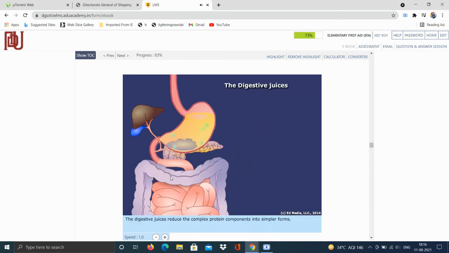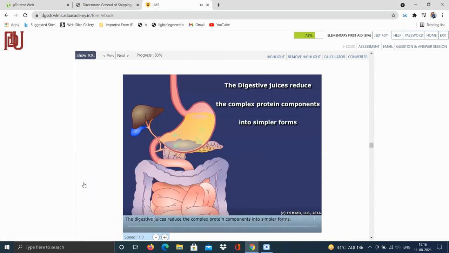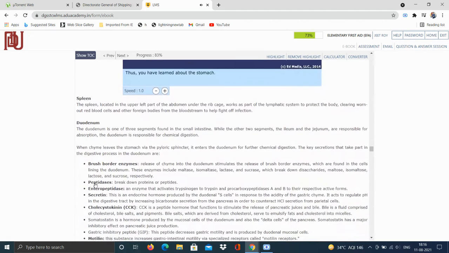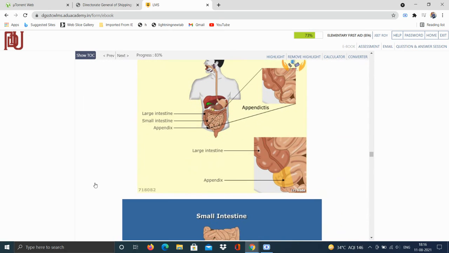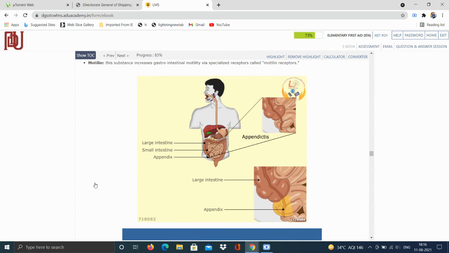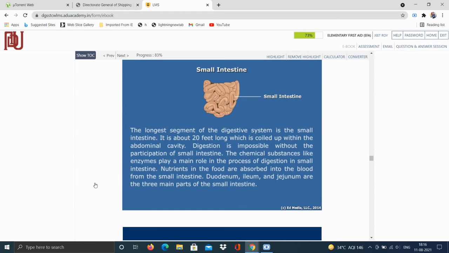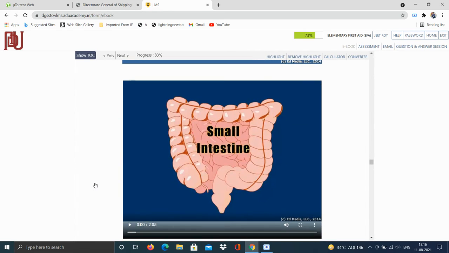The digestive juices reduce the complex protein components into simpler forms. Thus, you have learned about the stomach. In the following media, you will learn about the small intestine.